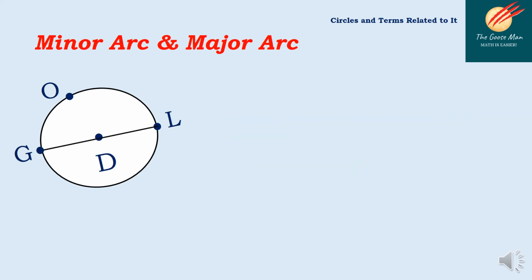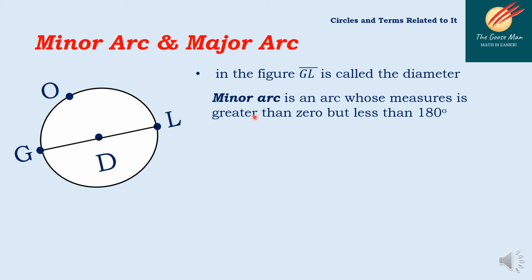The next one is we'll differentiate the minor arc and the major arc. From the figure, GL is called the diameter because it is a chord that passes through the center D. The minor arc is an arc whose measure is greater than 0 but less than 180 degrees.